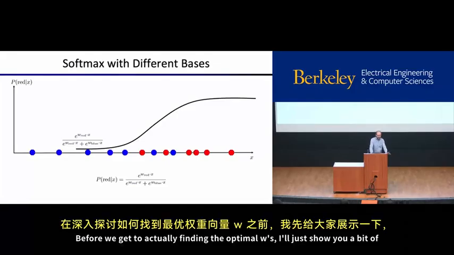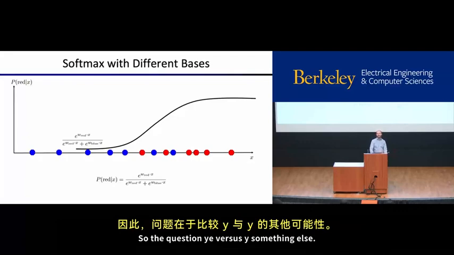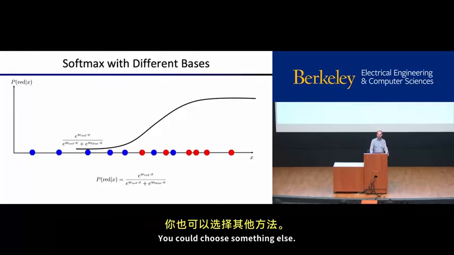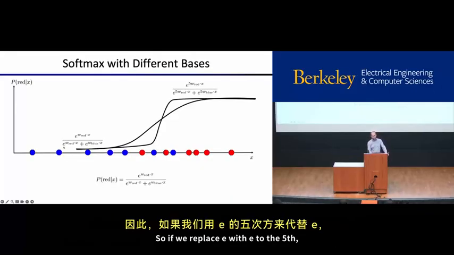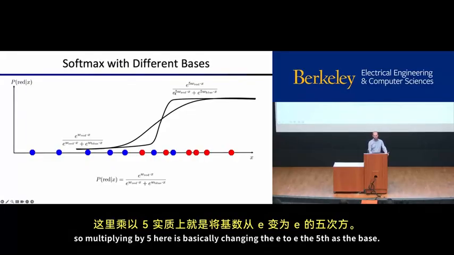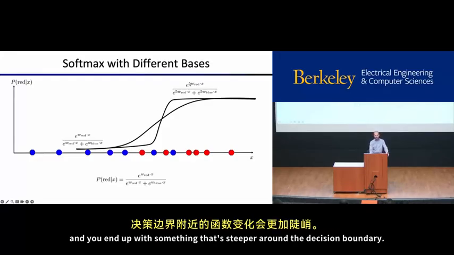Before we get to actually finding the optimal W's, I'll just show you a bit of what this softmax function looks like when you have different bases. So the question is, why e versus something else? You could choose something else, and you'd get something that's steeper or less steep. If we replace e with e to the 5th, so multiplying by 5 here is basically changing the base to e to the 5th, this is a bigger base, and you end up with something that's steeper around the decision boundary.